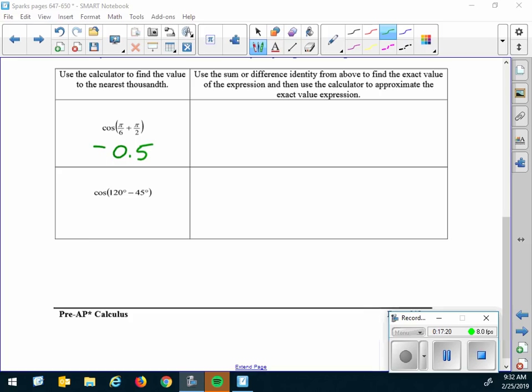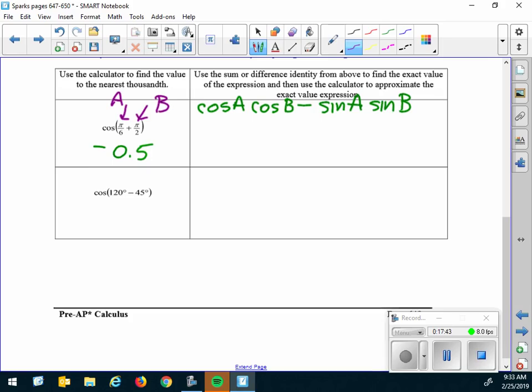Now let's use the sum or difference identity. Cosine with a plus is cosine of the first, cosine of the second, minus sine of the first, sine of the second. So A is pi over 6, B is pi over 2.